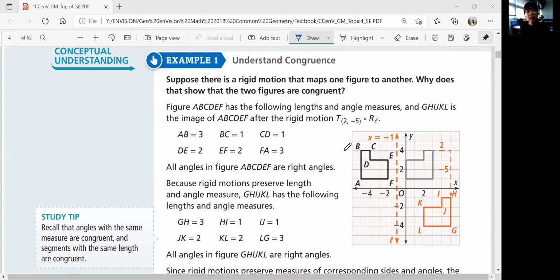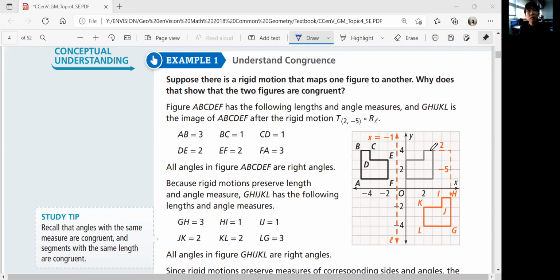So look at the sides. AB is 3 units wide. BC is 1 unit wide. CD is 1, and then DE 2, 2, and 3. All angles in figure ABCDEF are right angles. Because rigid motions preserve length and angle measure, you can look at GHIJKL and see that the sides are equal in length, and all the right angles are there too.